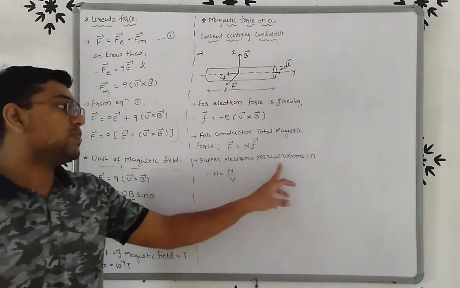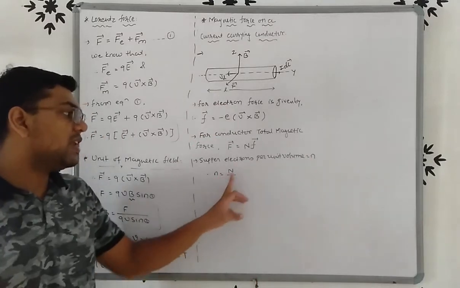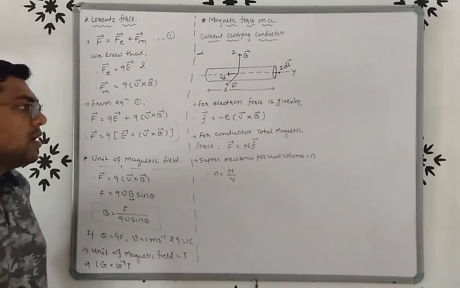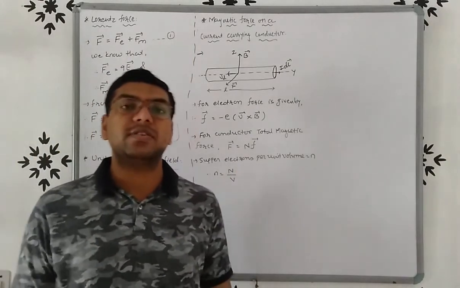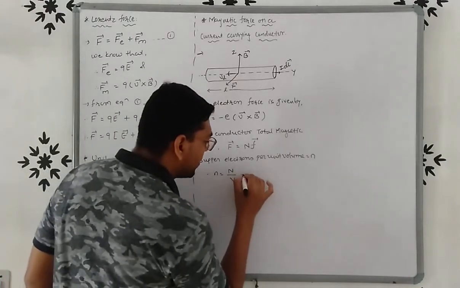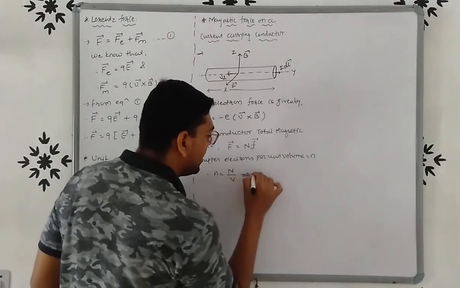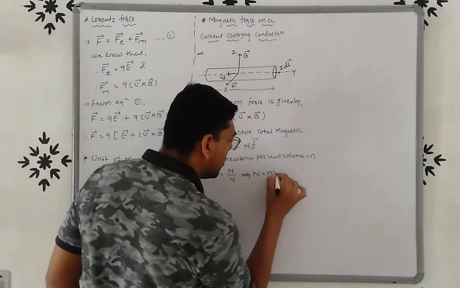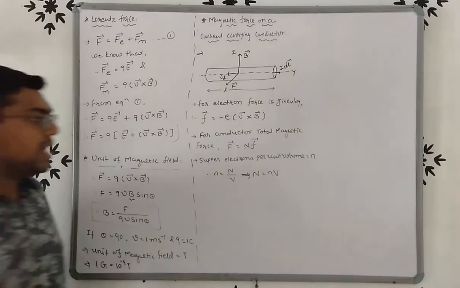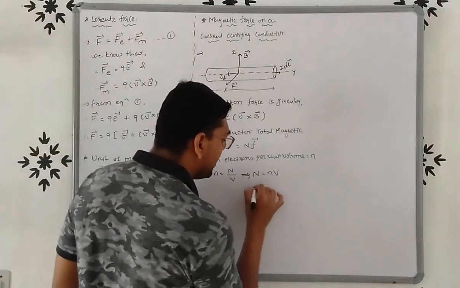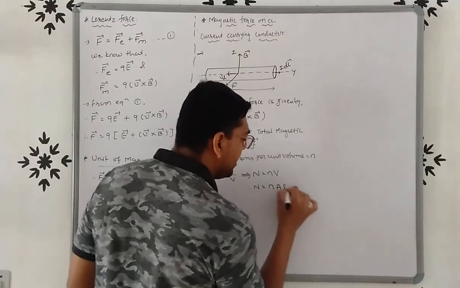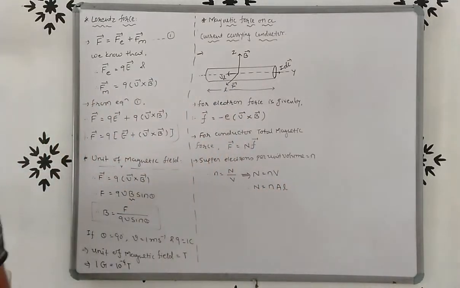Because electrons per unit volume is small n, so small n is equal to total number of electrons upon volume. We know that volume is equal to area into length, right? So here we have to find out capital N. So capital N is equal to small n into V, but volume is equal to area into length. So capital N is equal to small n into A into length L, right?